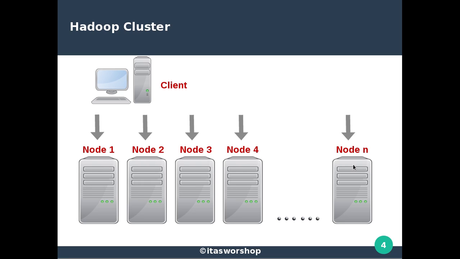You can configure your Hadoop with n number of nodes. You can replace a node anytime, you can add nodes, and you can remove nodes whatever you want. And we'll see this architecture again in depth.